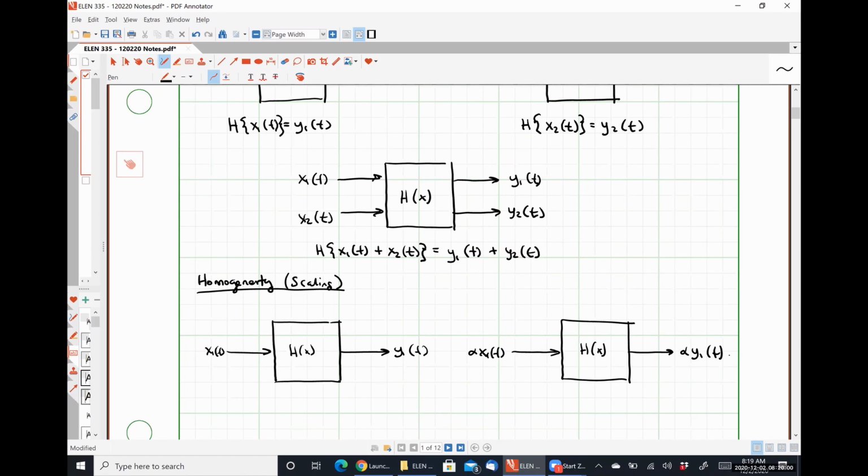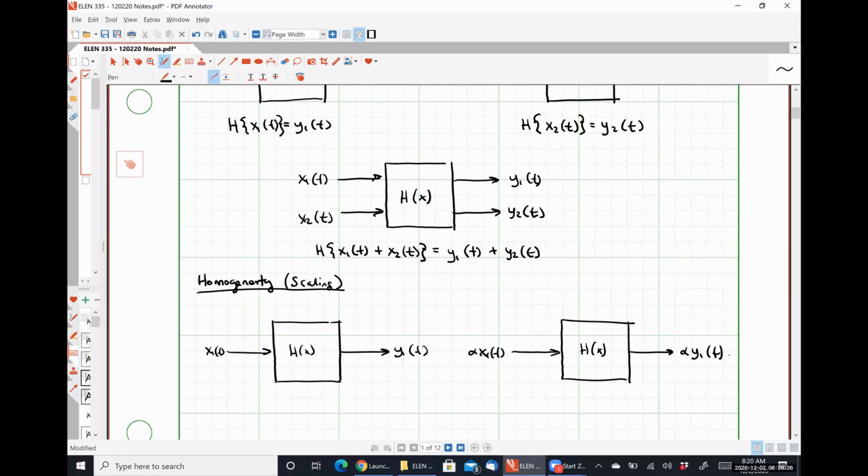So 5 volts across a 10 ohm resistor generates what current? Half an amp, right? If I scale my input voltage by a factor of 2, putting 10 volts across that same 10 ohm resistor, what happens to my output? It scales by a factor of 2 to give me 1 amp. That's all this homogeneity thing means, okay?